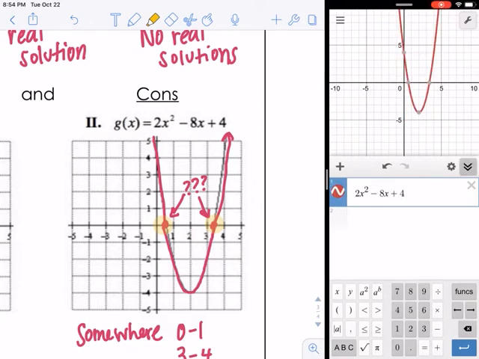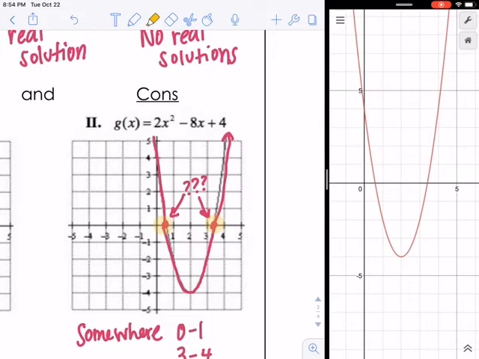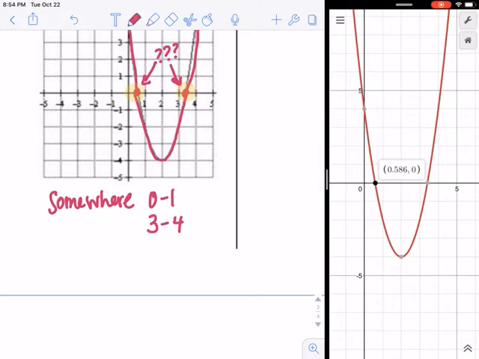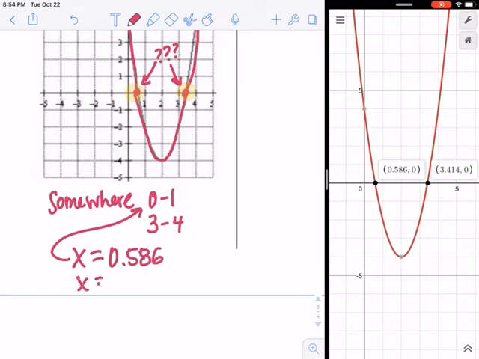So that's my graph there. Then I want to find the exact solution, so I'm just going to tap on the solution. One of the solutions is x equals 0.586, the one that's somewhere between 0 and 1. And the other is x equals 3.414.